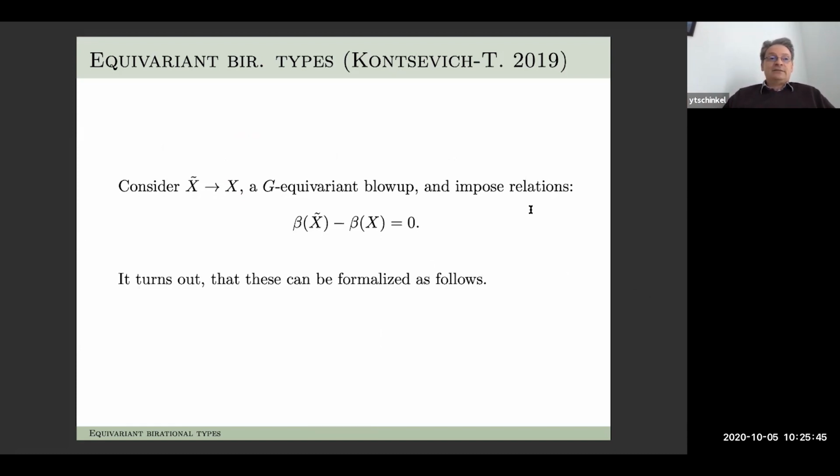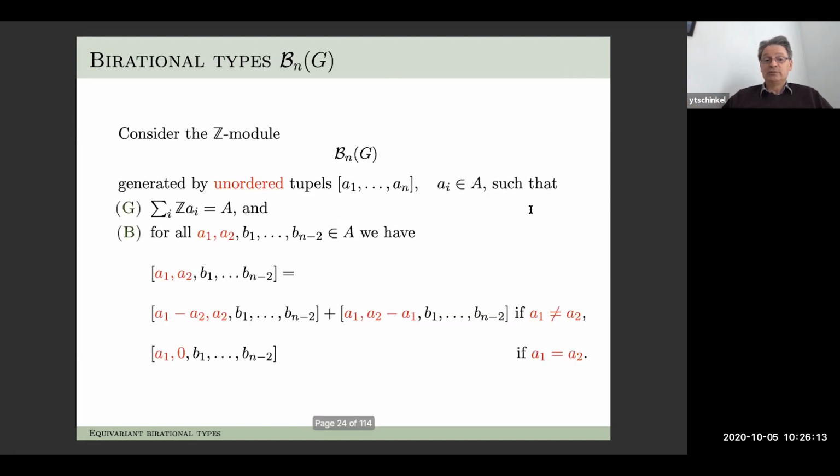Well, on the face of it, it's sort of a complicated proposition. So what kind of blowups can you have? Of course, we have an equivariant weak factorization that tells us how to factor equivariant birational maps. But nevertheless, you're blowing up any G-stable subvariety in X and trying to find out what's going on. It turns out that all of this can be formalized in a completely transparent way as follows.